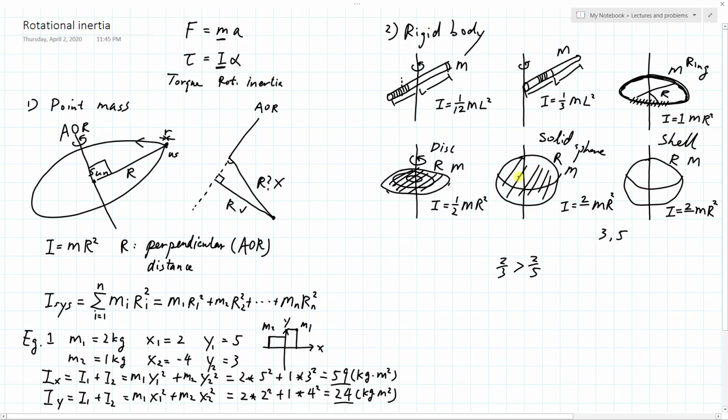Let's think about the solid sphere. We can say that the solid sphere is a collection of concentric shells, right? So if we have a value for the shell, then the next shell is smaller and smaller. So let's draw a smaller shell here. Okay, here's a smaller shell. The smaller shell will have a smaller radius and much smaller rotational inertia.